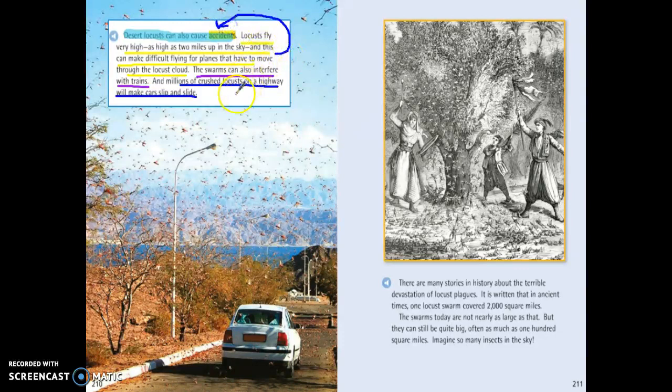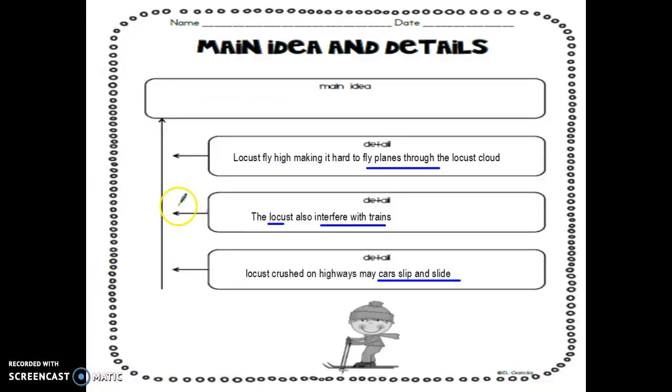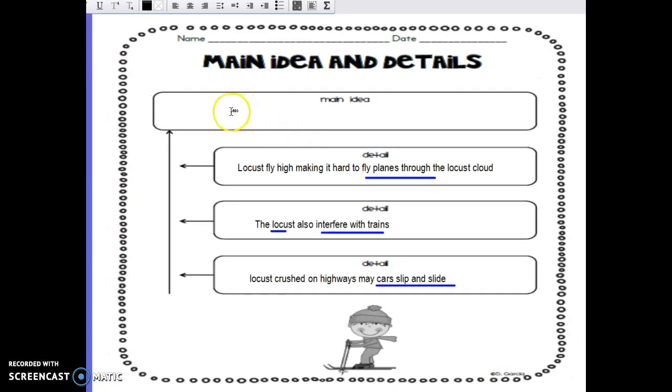Are each of the details talking about how locusts can cause accidents? Yes. So in fact, our main idea is that locusts can cause accidents. And I know that for a fact because I proved this with supporting details found in the text. Okay? Always supporting our thinking with text evidence.